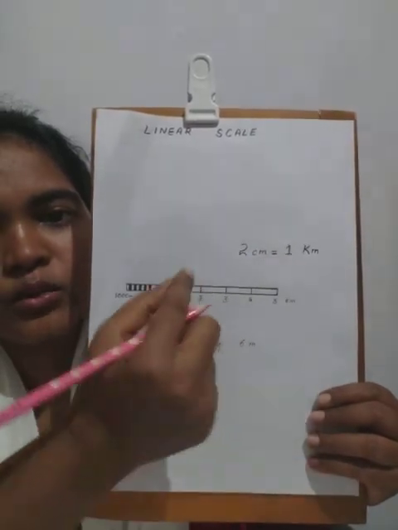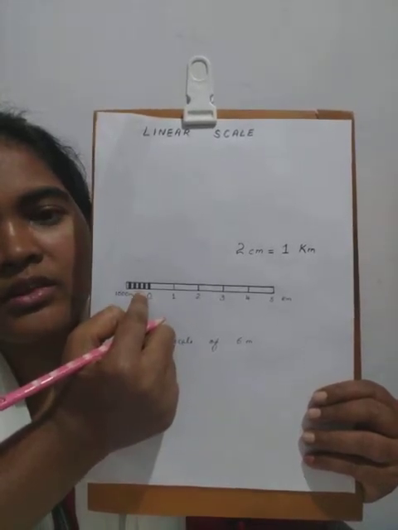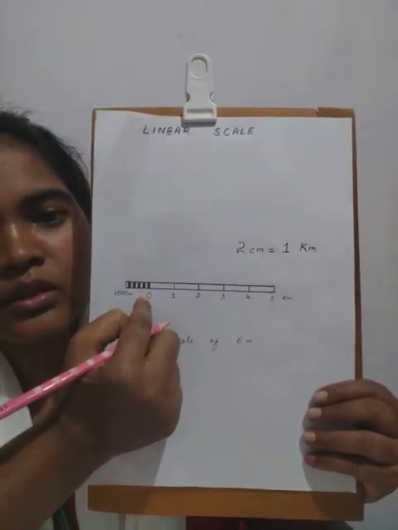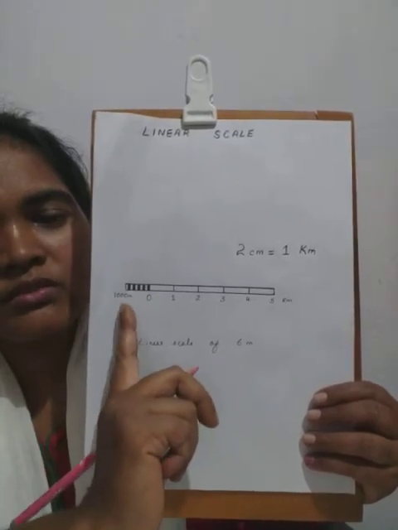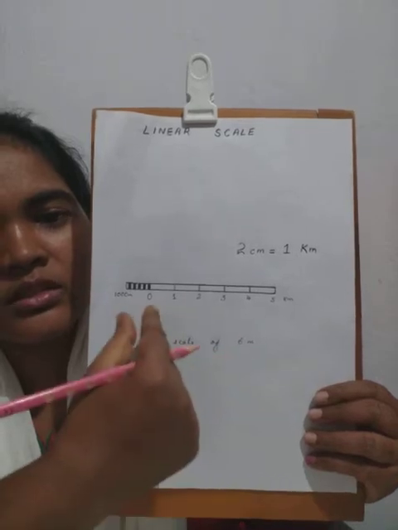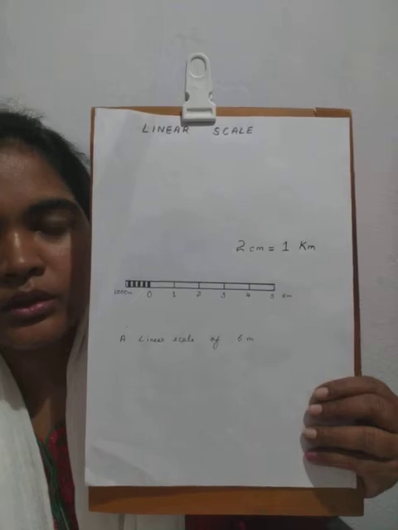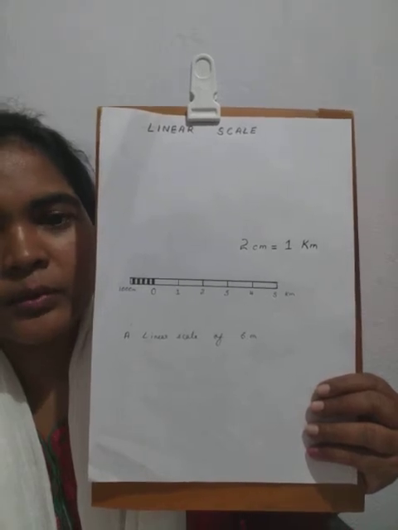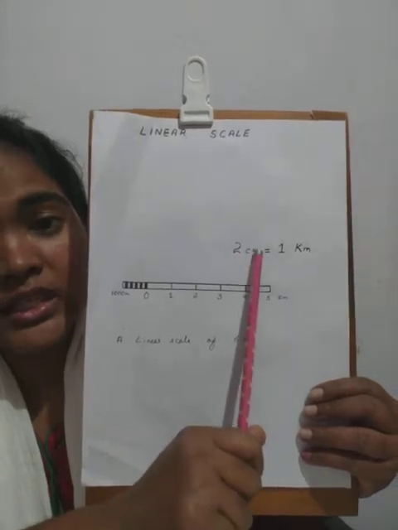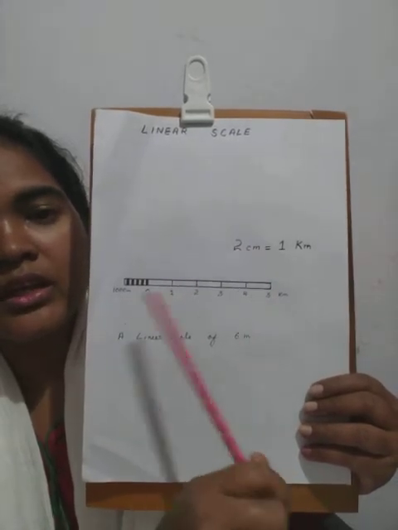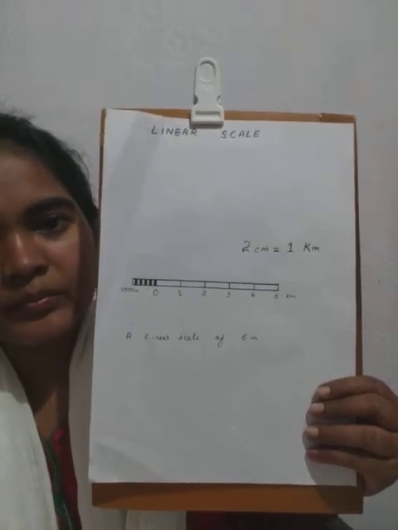And each division here equals 100 meters. So 10 divisions of 100 meters gives you 1000 meters, since 1 kilometer has 1000 meters. Alright, I hope it's clear now. So this verbal scale statement is drawn in such a way that it measures the distances on the map accurately.